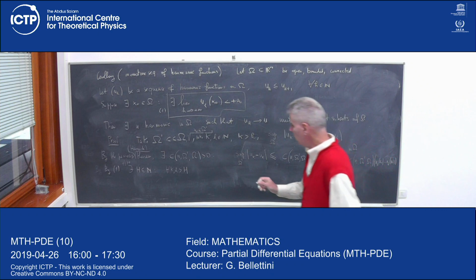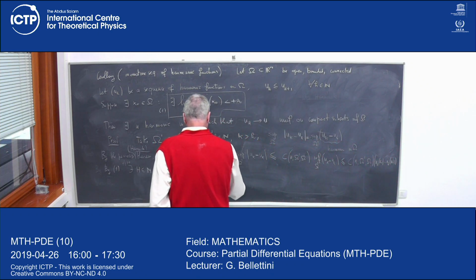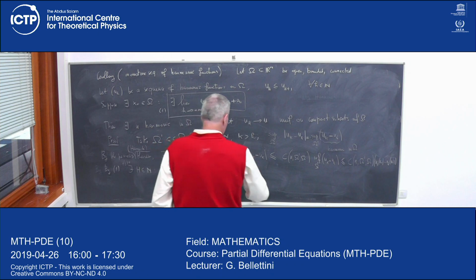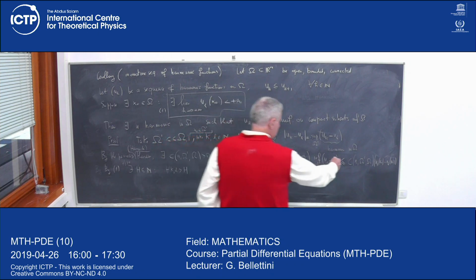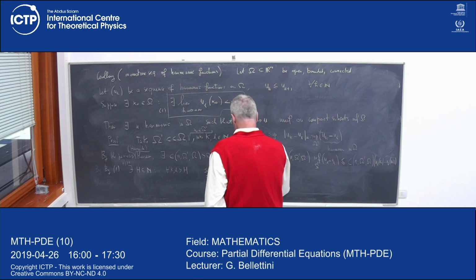Therefore this sup is less than epsilon multiplied by this constant, some constant times epsilon.